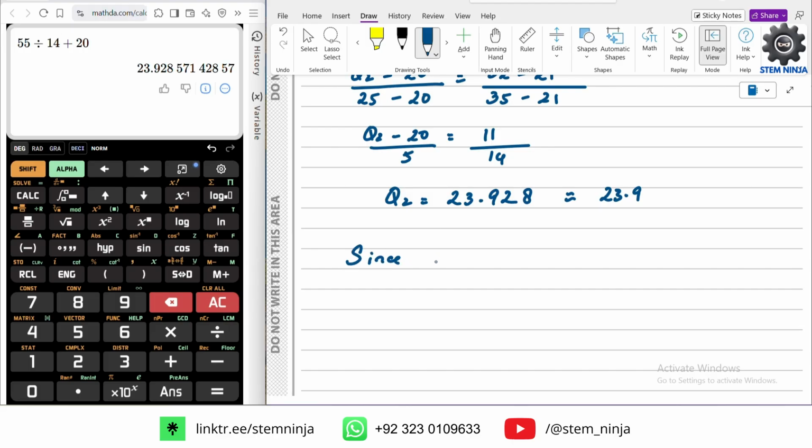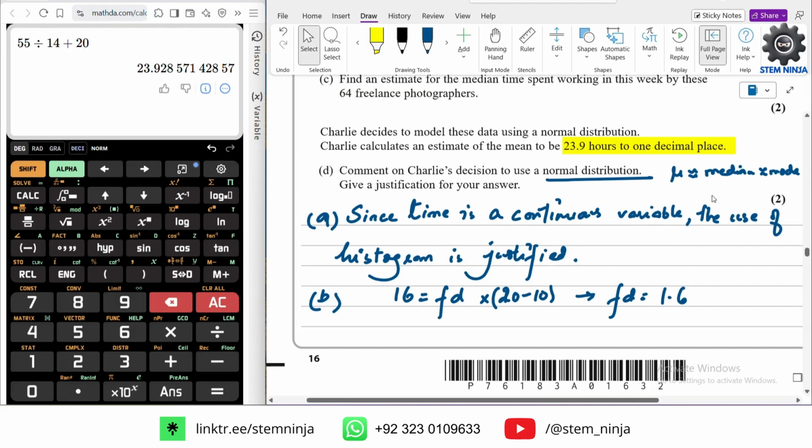since mean is approximately equal to median, the normal distribution can be used. Normal approximation can be used.